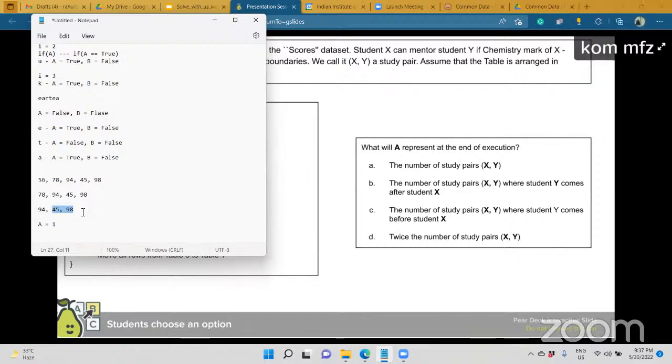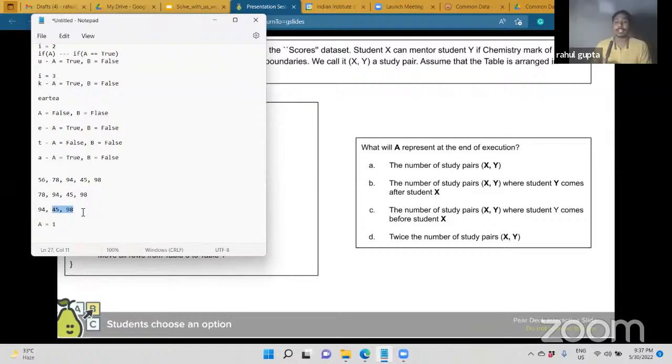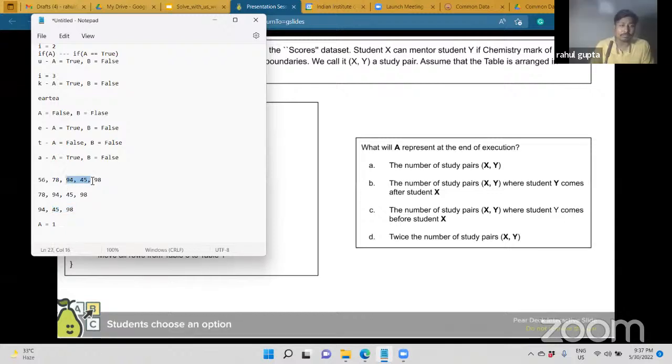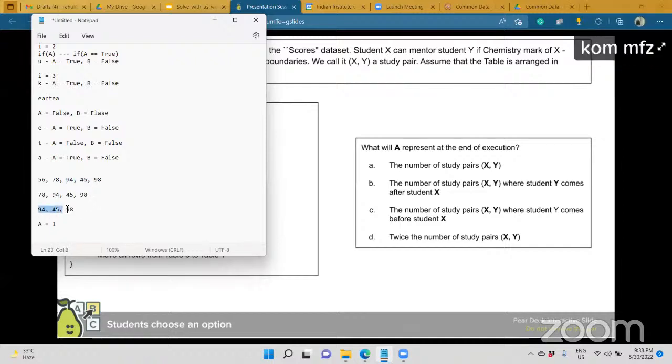So 94 and 45 will be compared. Is X before Y, or does Y come after X? 94 and 45 will come. The difference is more than 20, right?